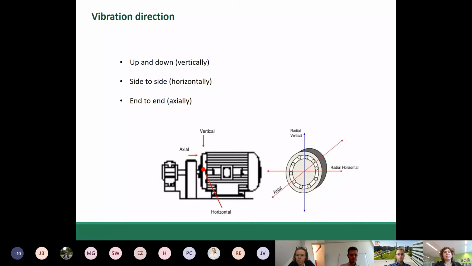The vibration can be measured in 3 directions: up and down, vertically; side to side, horizontally; end to end, axially. The first series of data that I received from Royal EHC are actually acceleration and velocity data that are measured in axial, vertical, and radial direction.